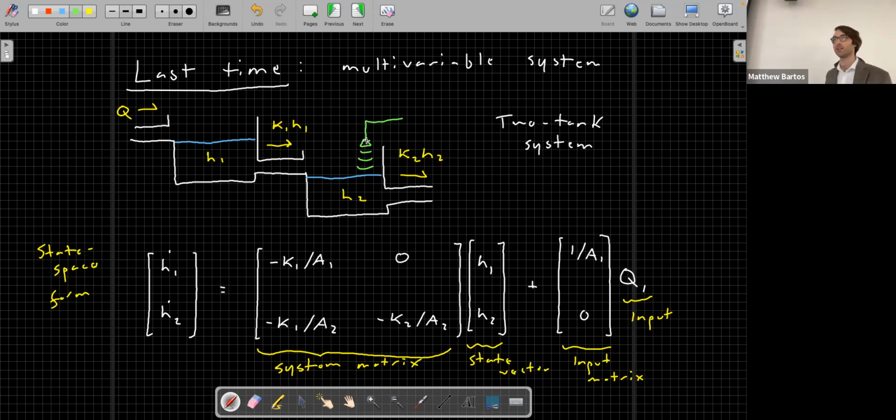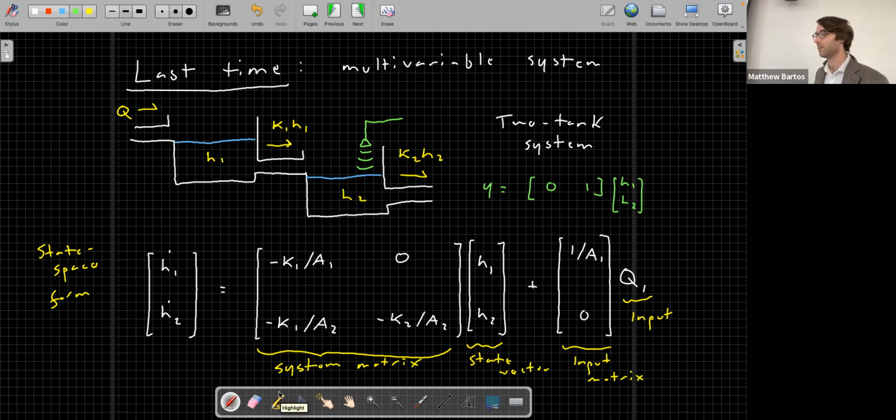And we showed how we could express what we're able to observe in terms of a second equation called the observation equation. In this case, we had that y was equal to [0, 1] times [h1, h2], and there was no other component. So the observation equation allows us to express what we are able to observe about the system.